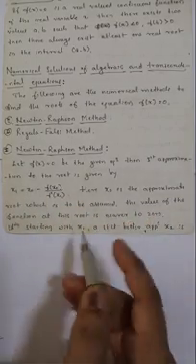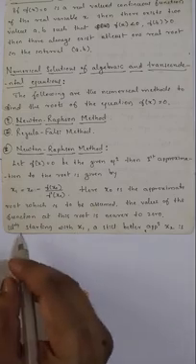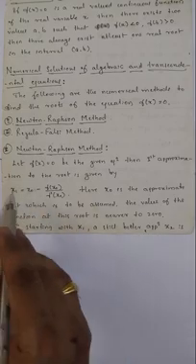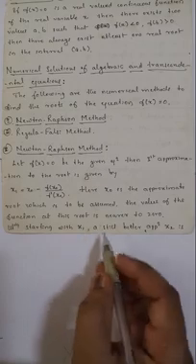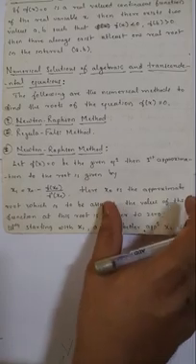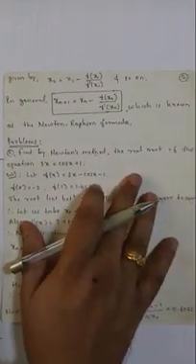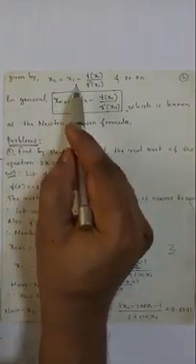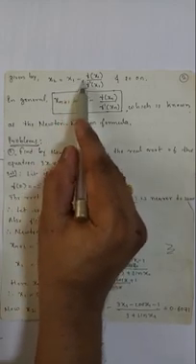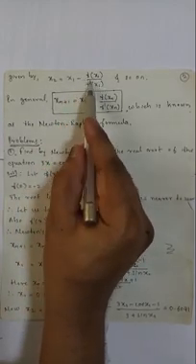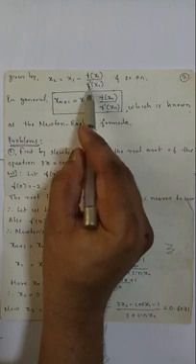Now the second approximation. Starting with x1, which is a still better approximation, x2 is given in terms of x1: x2 equal to x1 minus f of x1 divided by f dash of x1, the derivative of that function f.